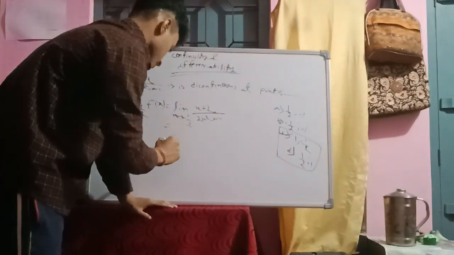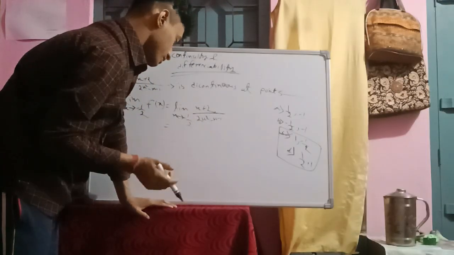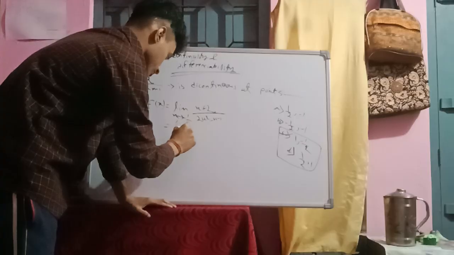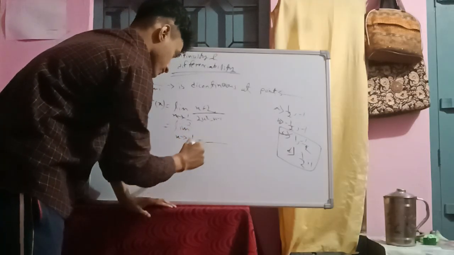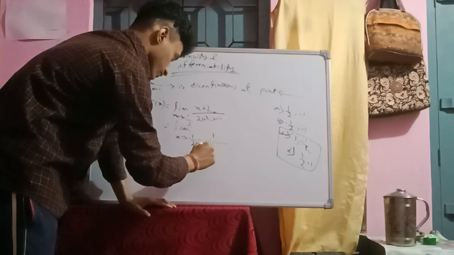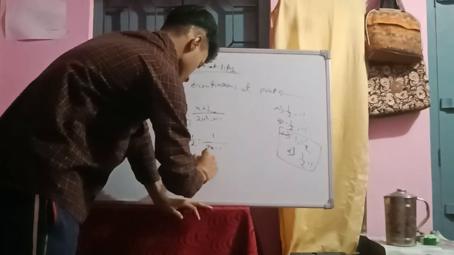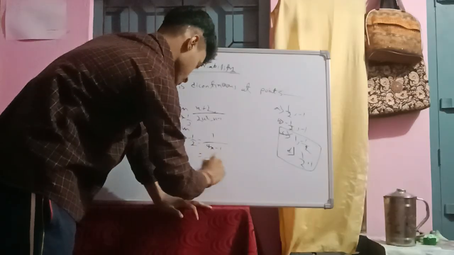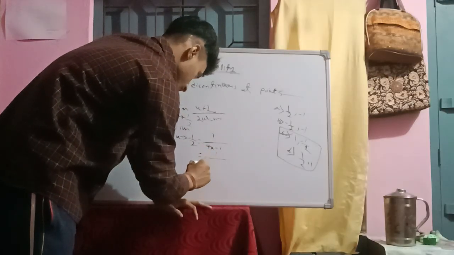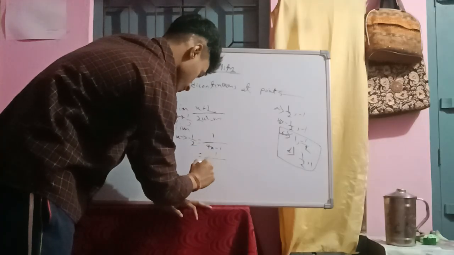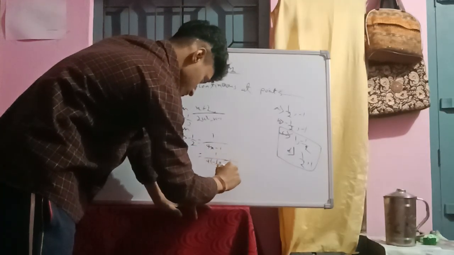Now, taking the derivatives of both the numerator and the denominator, we would be left with, as x approaches negative 1 over 2, 1 over 4x minus 1. Now, plugging in x equals negative half, we would get 1 over 4 times minus 1 over 2 minus 1.